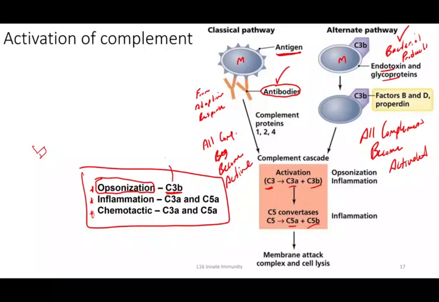And so this C3b is an opsonin. So that molecular highlight, tag, label, whatever you like. And that's going to increase step 2 of phagocytosis. So if you go back and look, that's cake.